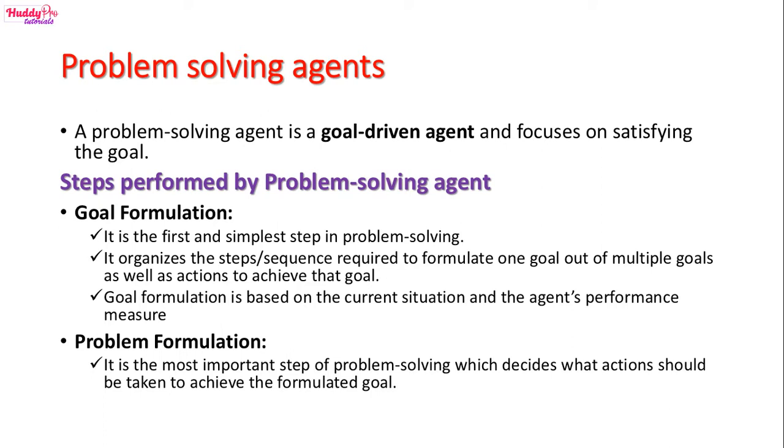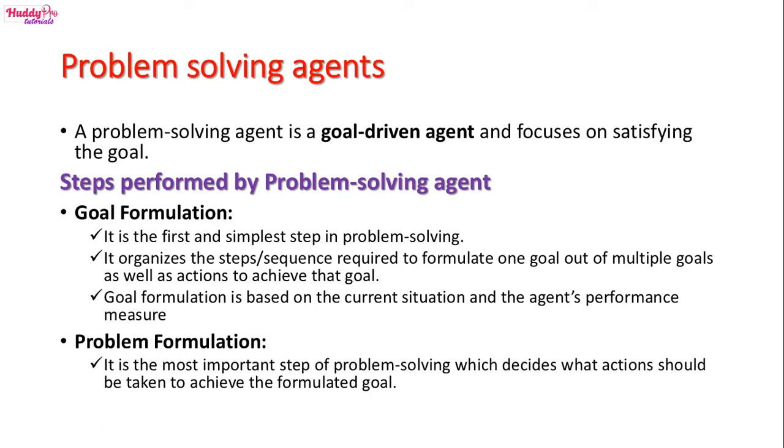Now, these are the steps that are performed by a problem-solving agent. There are basically two steps. The first step is goal formulation, and the second step is the problem formulation. So for an agent to reach a particular goal, there must be goal formulation.